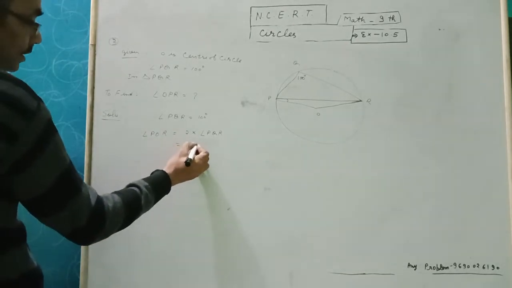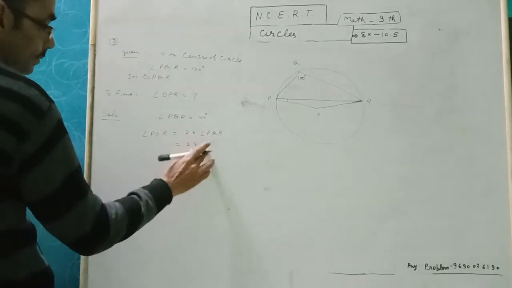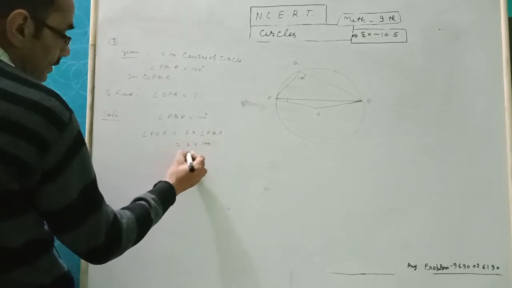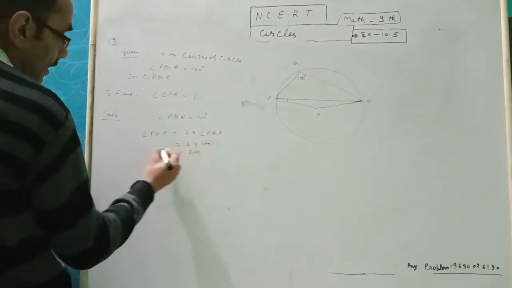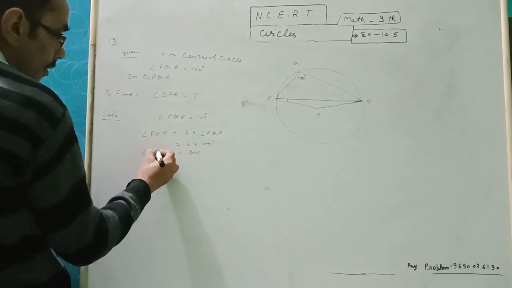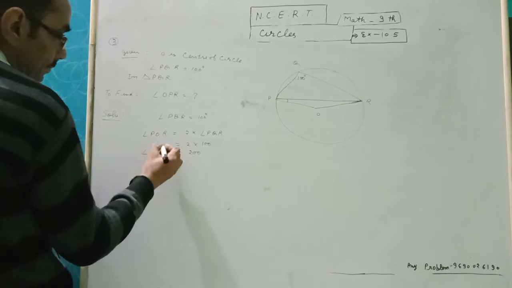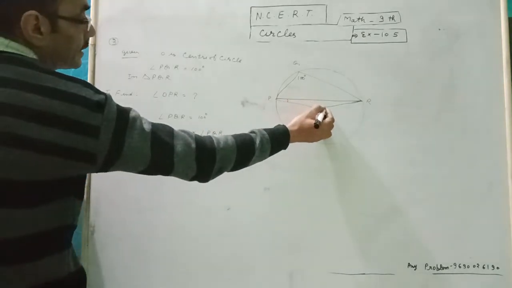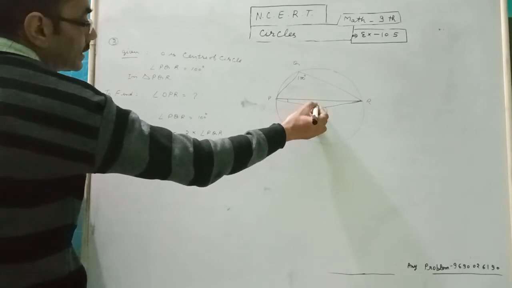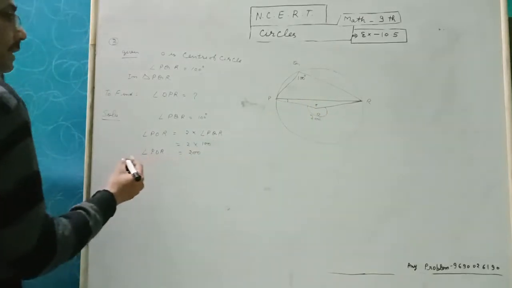Angle is 2 into 100, PQR value 100, so the value of angle POR we find is 200.